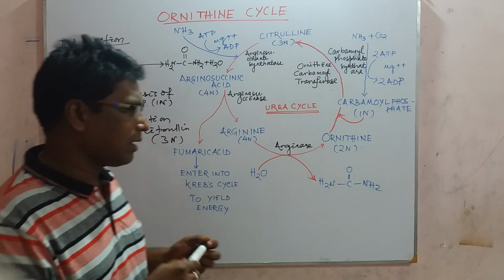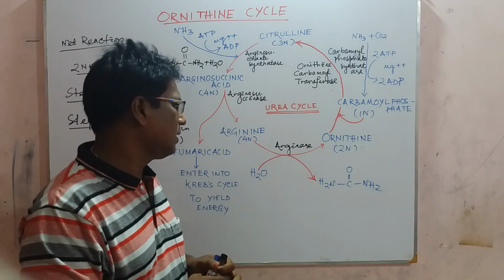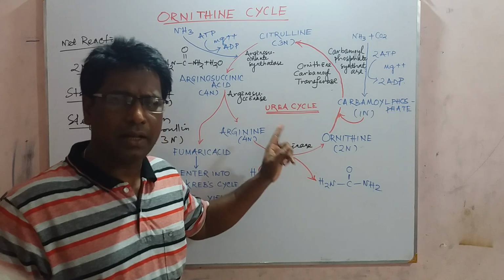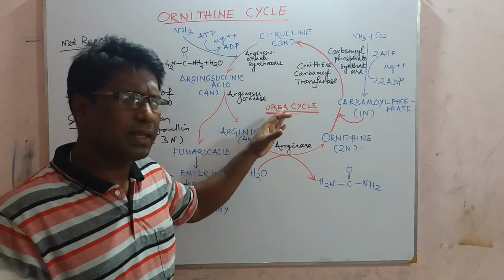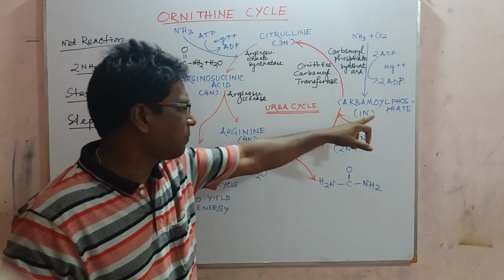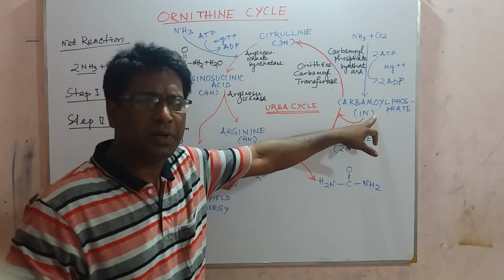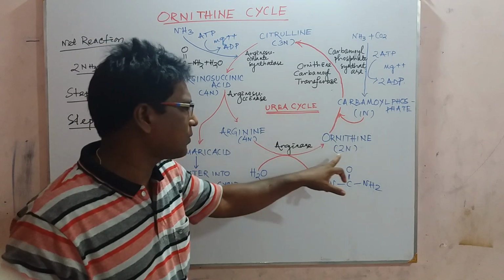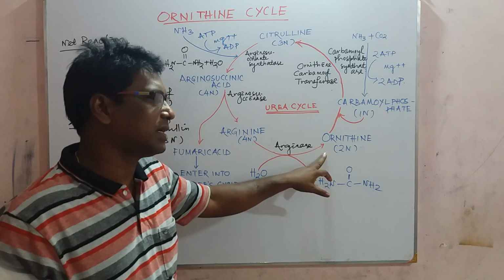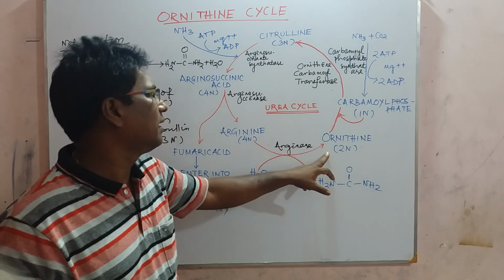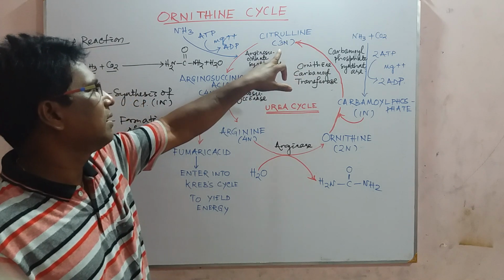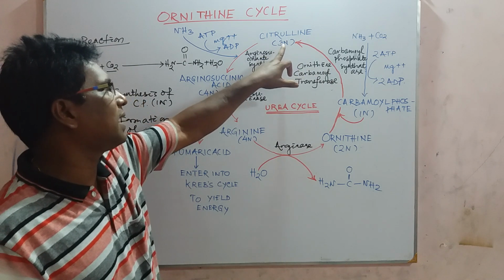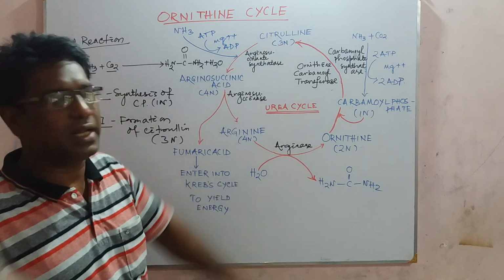As earlier I have told you that ornithine is the starting material of this cycle, hence it is called the ornithine cycle. So after formation of carbamyl phosphate 1N, it reacts with ornithine, the amino acid 2N, and gets transformed into another nitrogenous compound, that is 3N citrulline.